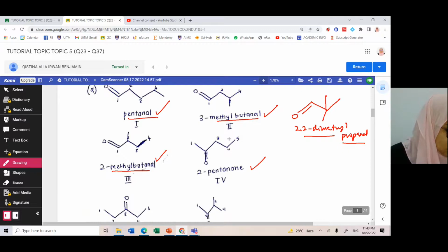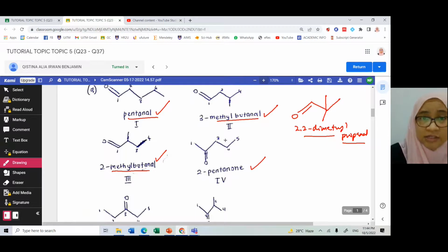For B2, the question is to choose the compound that gives a positive result with Fehling solution and Tollens reagent. You have to check on this. You can refer to your lecture notes.